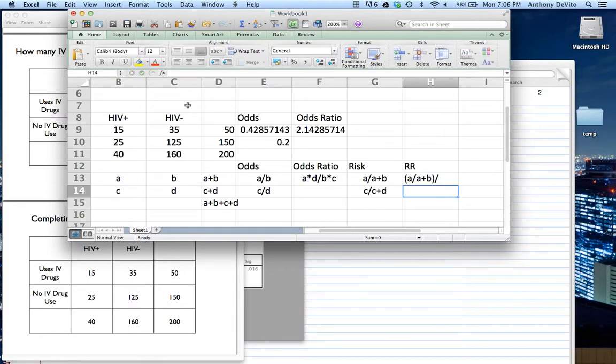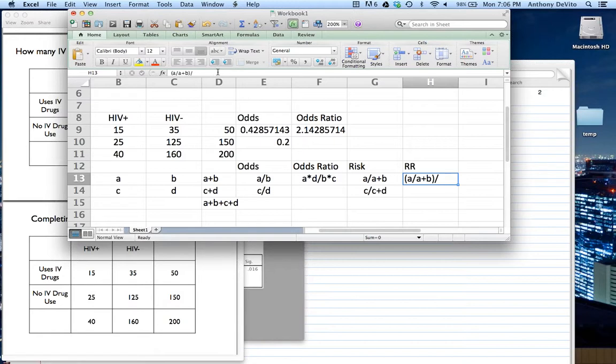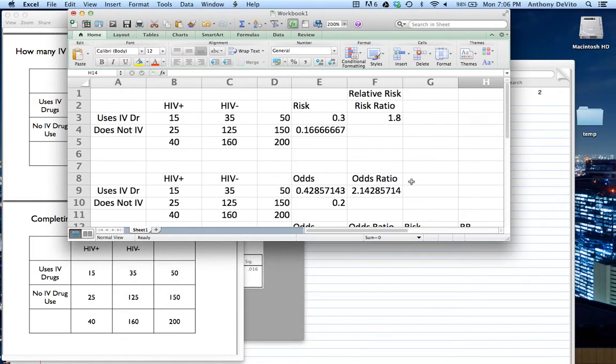Over. Okay, and I'm going to take the bottom part. Just like that. That's going to be our relative risk. So when we calculated it here, our relative risk was 1.8 for exactly the same data, and our odds ratio was 2.14.